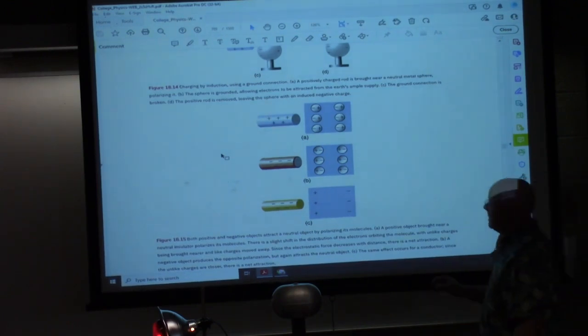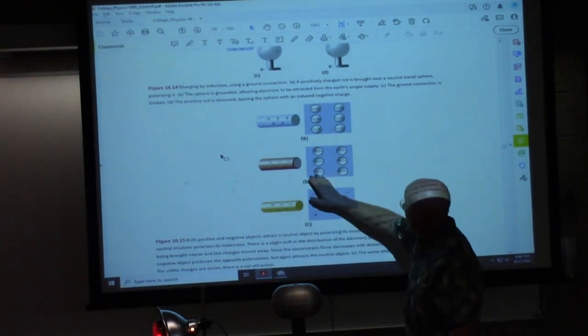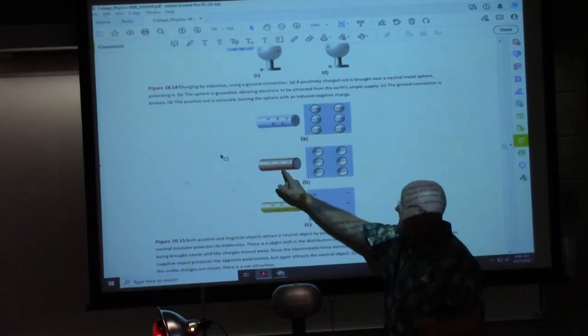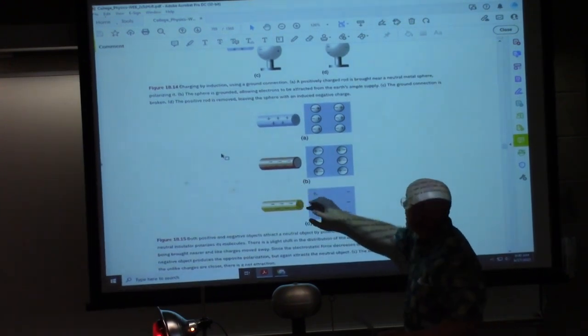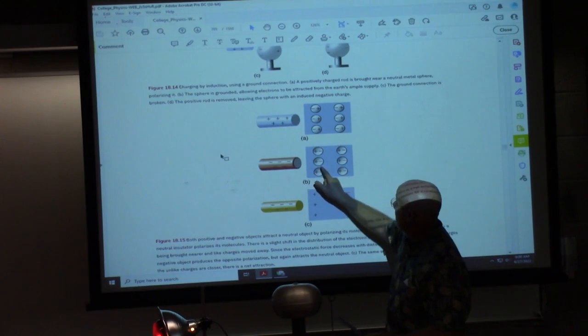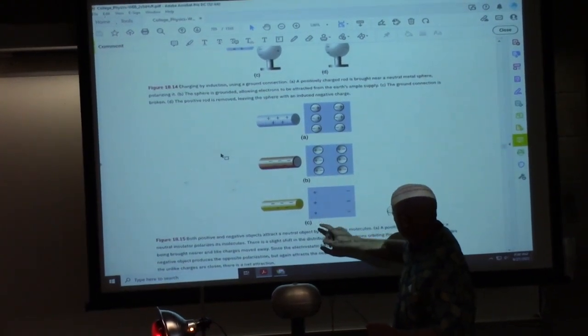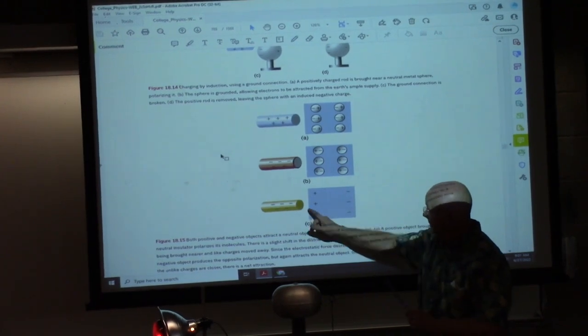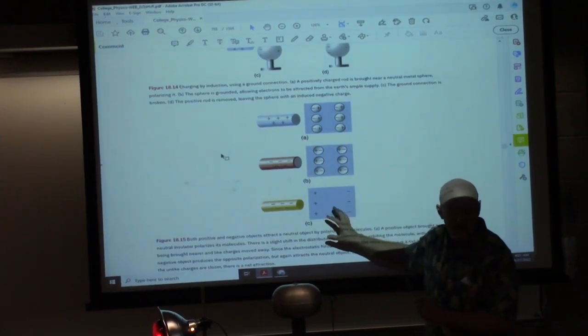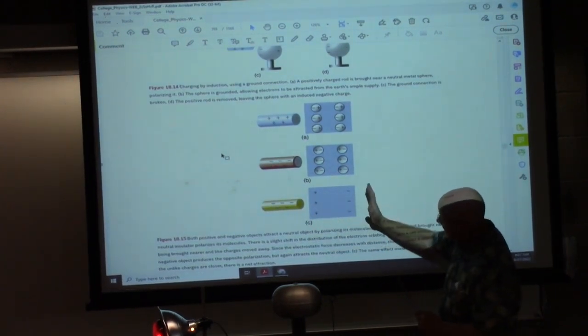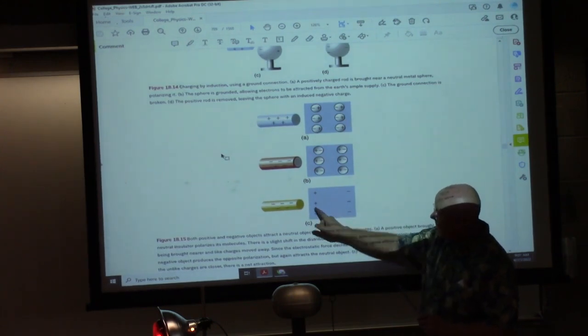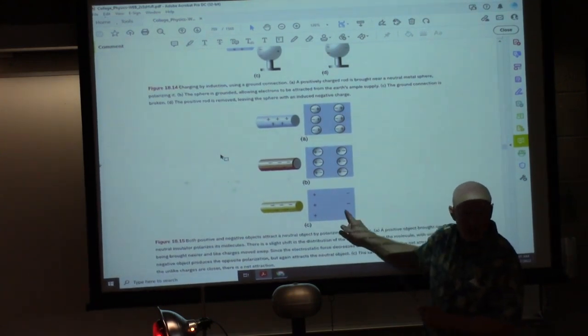And I guess B and C would be the model I'm looking at because I'm using the vinyl, which is negative. And it pulls. And in this case, he doesn't show the whole negatives moving away. This one shows more of a conductor, so this is what would happen on a conductor. The negatives actually move to this side, leaving this side positive. So this would be like the knob, and this would be like the leaves.